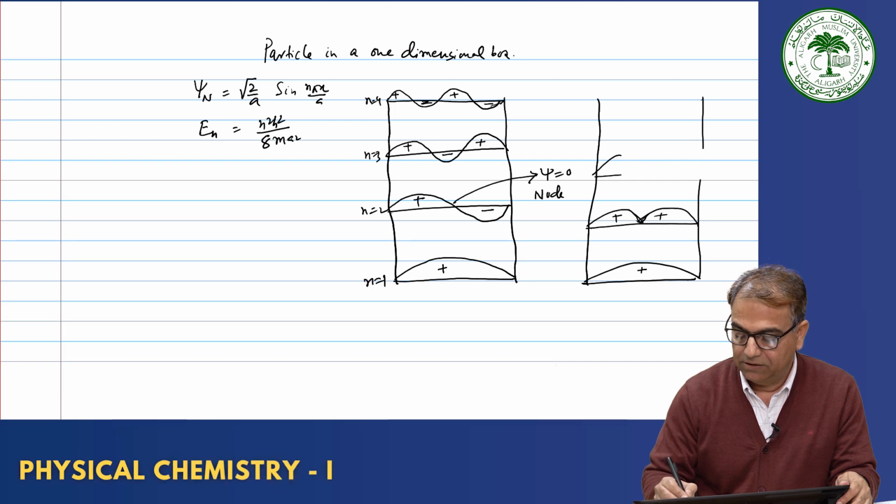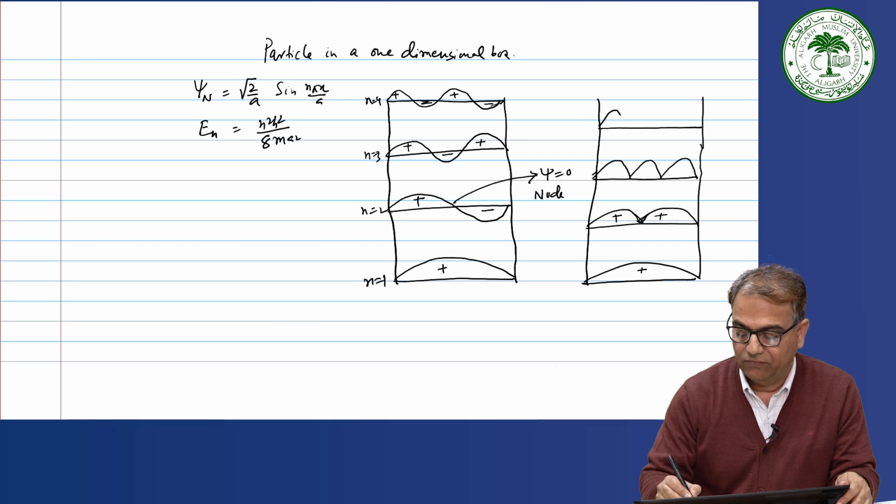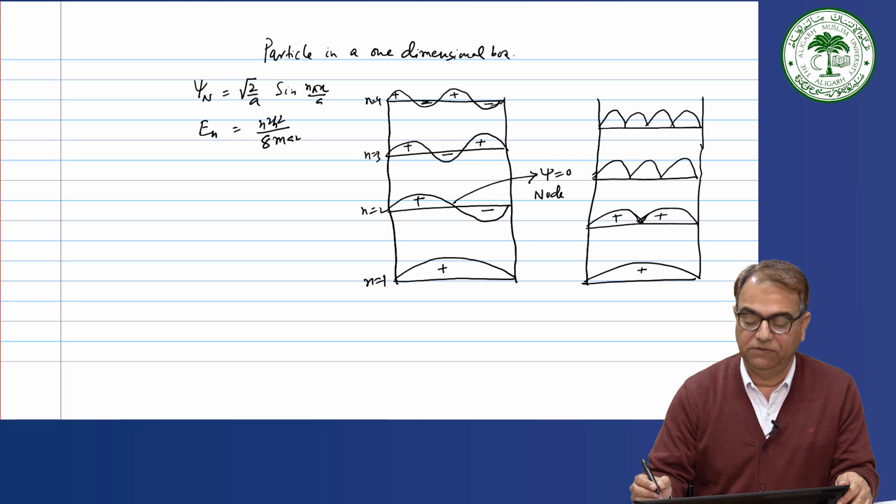Let me make it a little more clear. Like this one. Same way you can plot for the fourth quantum state also, where all is positive sign. So this is the plot of psi square.